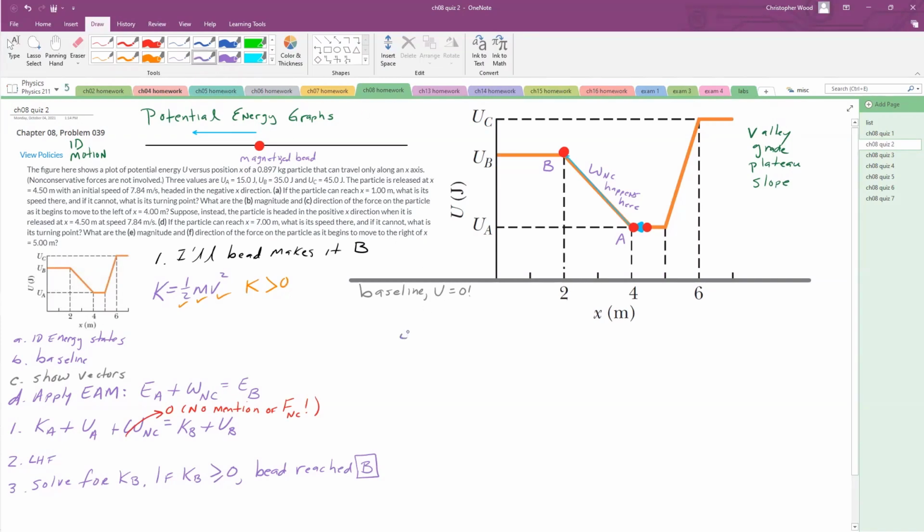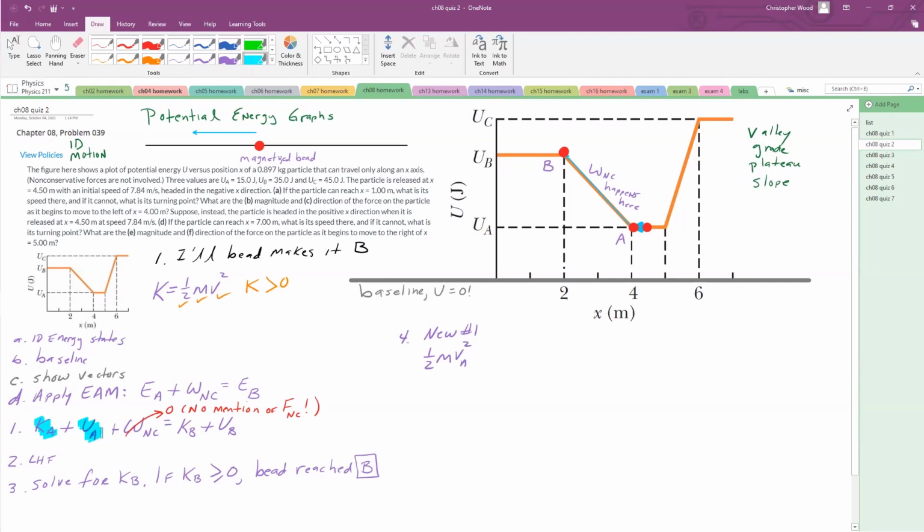Number 4. All right, so here's my new number 1. My kinetic energy, 1/2 mv_A squared, that's my kinetic energy at A, so I'm taking care of that.